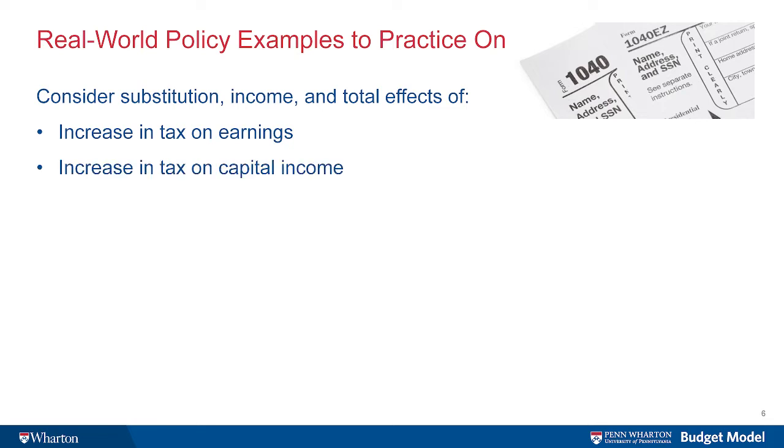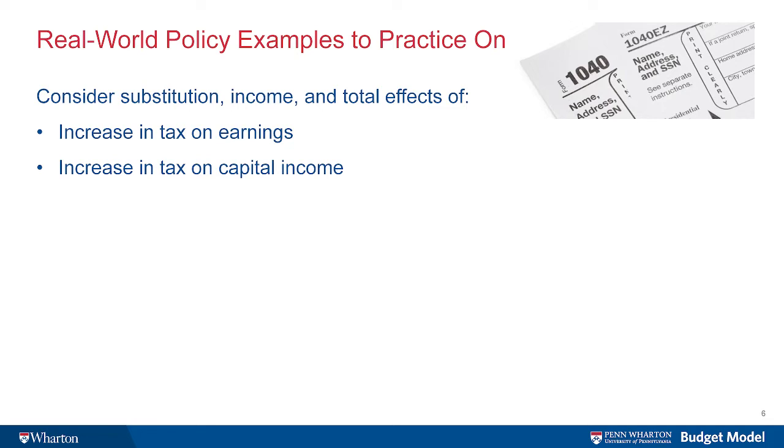Similarly, consider an increase in tax on capital income. If you raise the tax on interest income, you're going to reduce the net return to saving. That's going to discourage saving. On the other hand, the income effect is that people want to save more to make up for the fact that they're earning less on that saving.